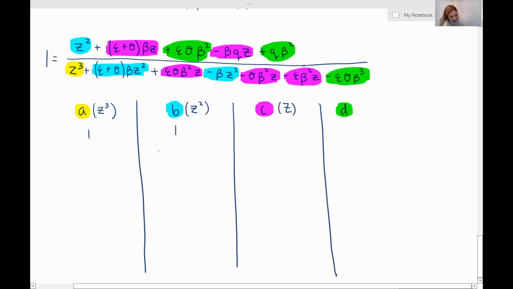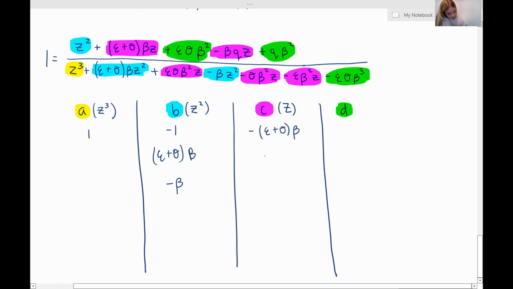And then for z squared, they're all in blue here, so we'll have 1. We'll have an epsilon plus sigma times beta. Sorry, this should be a -1 for when we move it over. And then we'll have a negative beta as well. For c here in pink, for just z, we'll have negative epsilon plus sigma times beta.